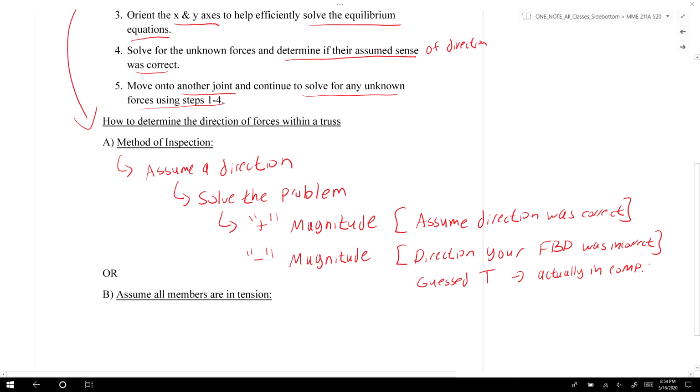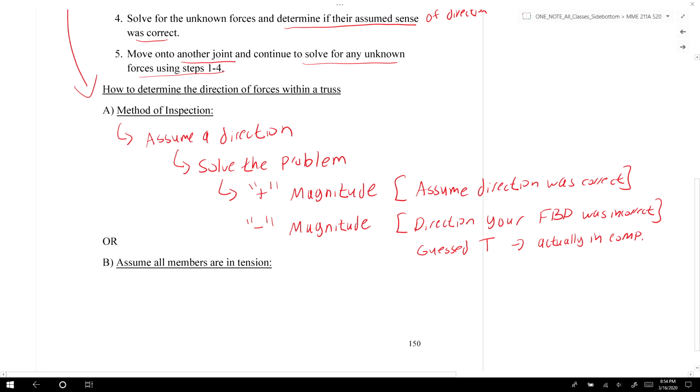The second way you can do these types of problems is to assume that all members in your truss will be in tension. You can then just solve your equilibrium equations at each joint.